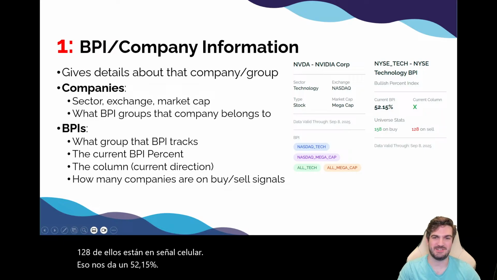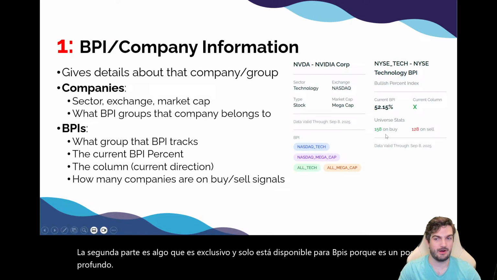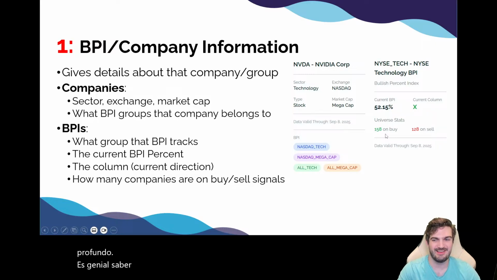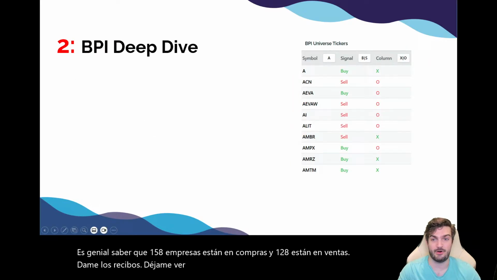The second part is something that is exclusive, only available for BPIs, because it's a little bit of a deep dive. It's great to know that 158 companies are on buys and 128 are on sells. Give me the receipts. Let me see which companies are in which group. So we do.